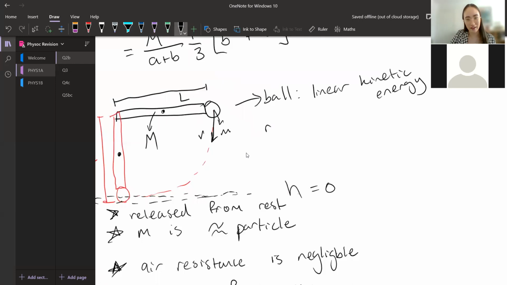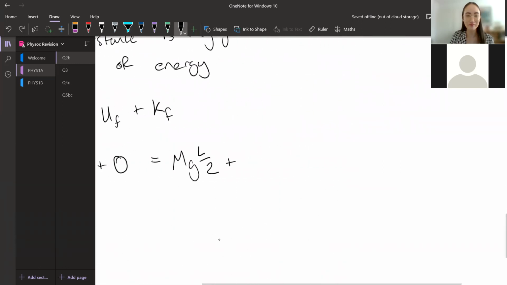The rod, on the other hand, is fixed about this point at the end and it's going to rotate about it, which means we can define all the motion just in terms of rotational kinetic energy. We could define certain points along it as having linear velocities, but if we're considering the whole rod, it is much better defined just by rotational kinetic energy.